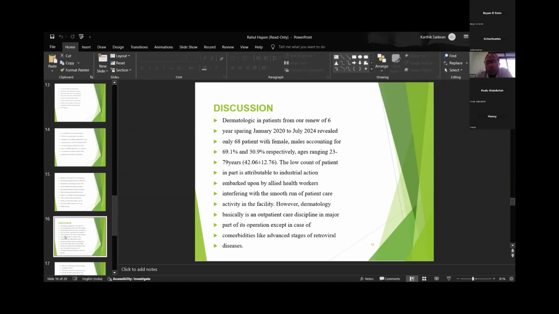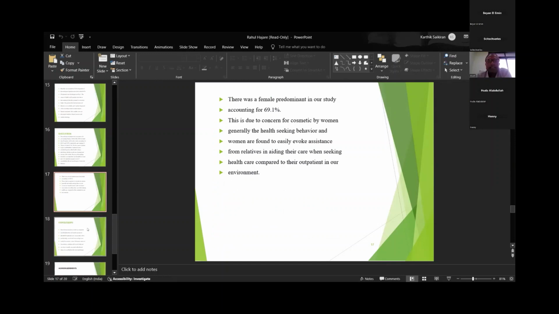The low count of patients is in part attributable to industrial action embarked upon by allied health workers, interfering with the smooth running of patient care activity in the facility. However, dermatology is basically an outpatient care discipline, except in cases of comorbidities like advanced stage of retroviral disease. Next slide.